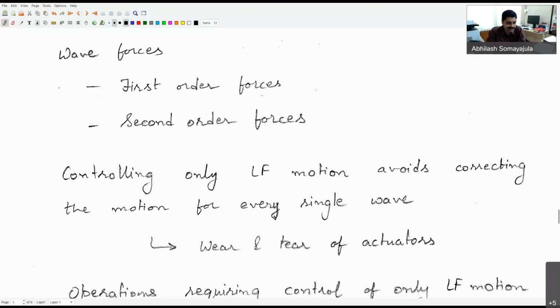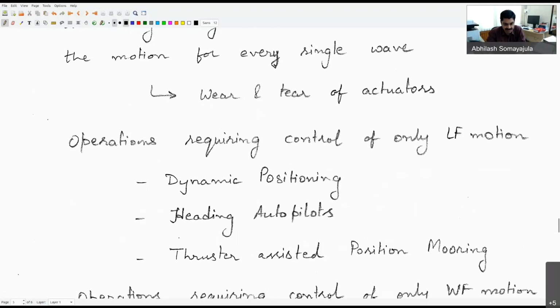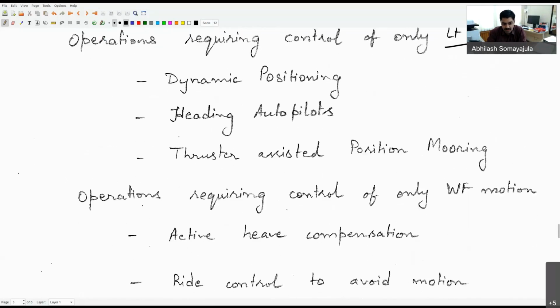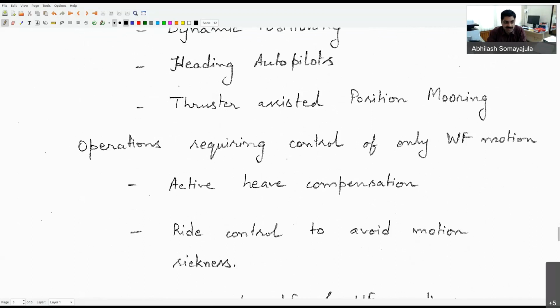So this wave filtering is a particularly important aspect, and operations that require the control to depend on the low frequency motions include dynamic positioning systems, heading autopilots, and thruster assisted mooring systems. Okay, so these applications typically require the low frequency motion to be passed back into the control system. Whereas you will also see that there are certain operations which require the wave frequency motion to be filtered out and used.